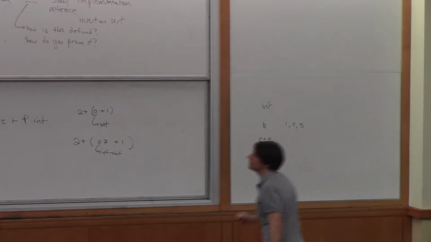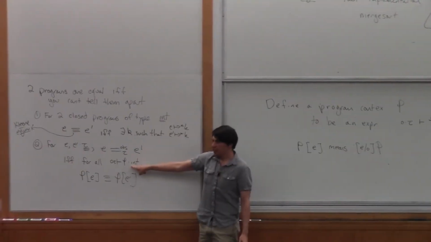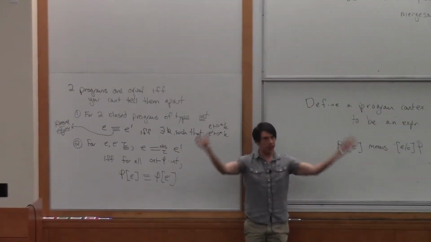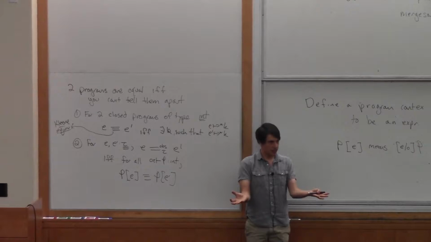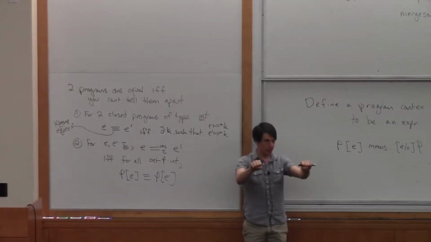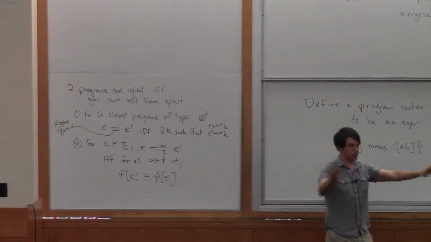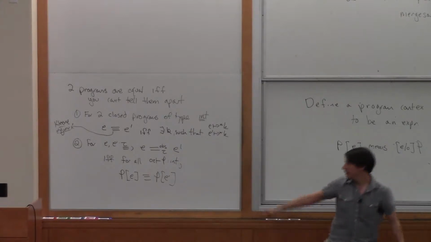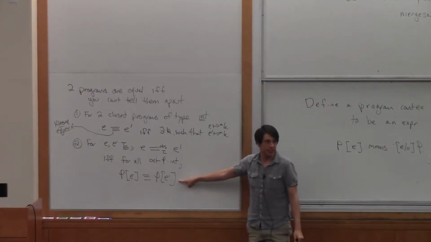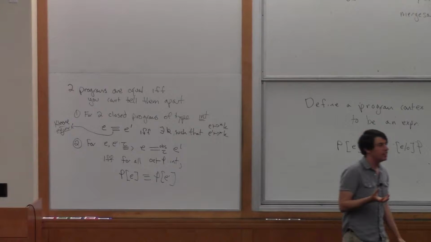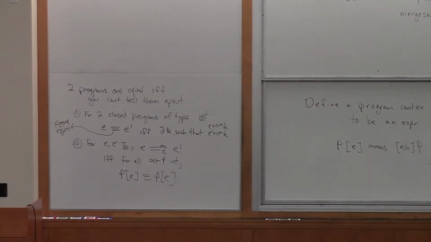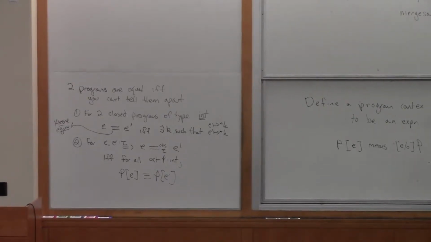Well, the way we're going to say that is, any bigger program that you put them in, that's what the P represents. If you take these two programs and put them into a bigger program, then it computes the same number. So this says that there's no way to distinguish these two programs by way of these contexts P.